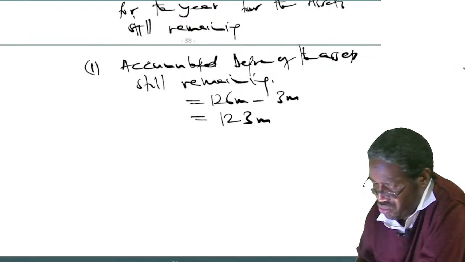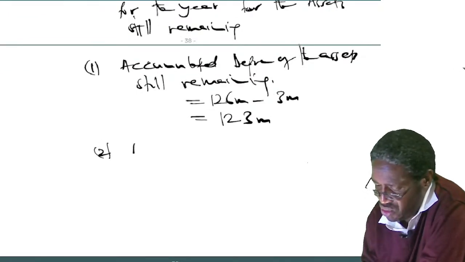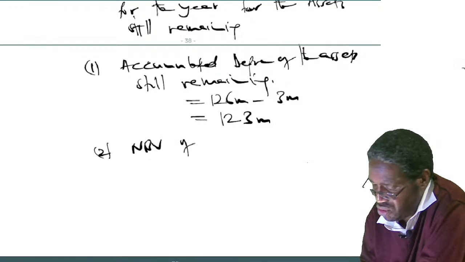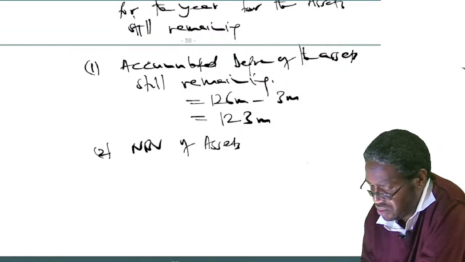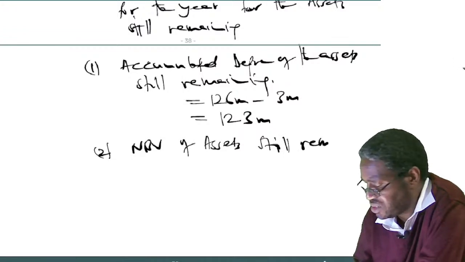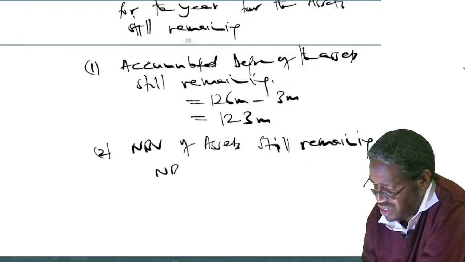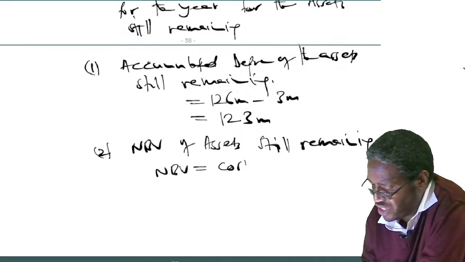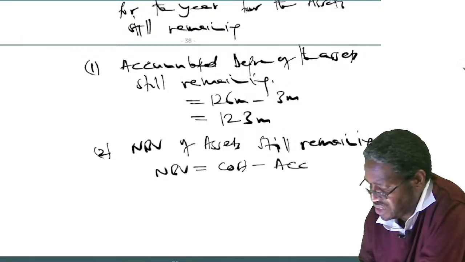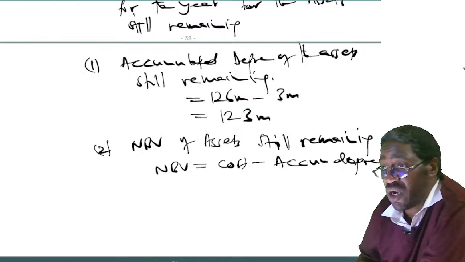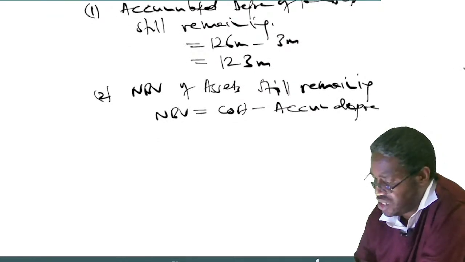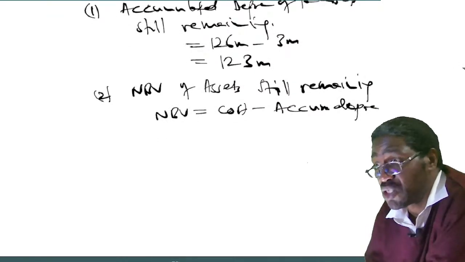Then number two, net book value of assets still remaining. We have agreed to get the net book value, you take the cost, you minus the accumulated depreciation.